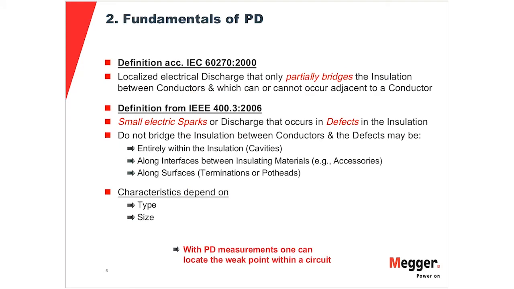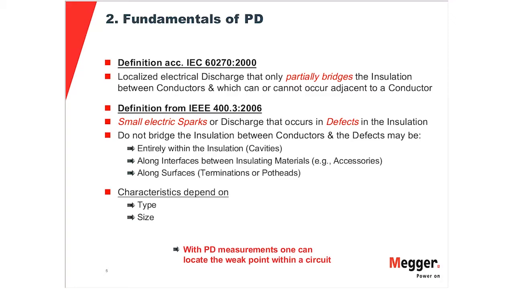So some fundamentals of partial discharge. You see here we have the most common standards for partial discharge. There is on the one hand a definition according to IEC 60270, and I would say IEC 60270 is the most commonly used standard in relation to partial discharge measurement. In this standard everything is described.